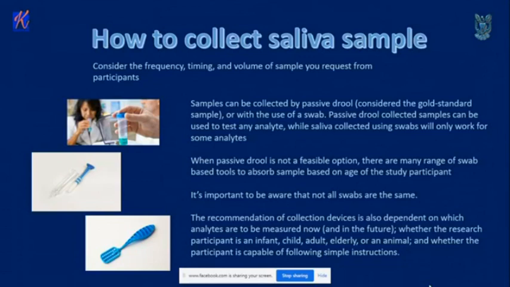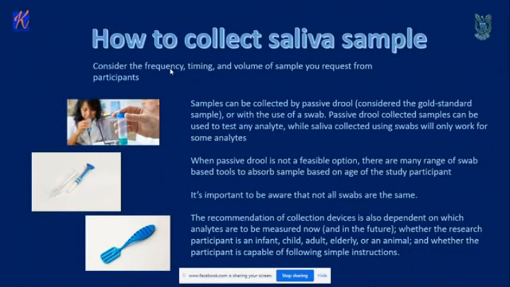Another important factor is to consider the frequency, timing, and volume of sample that you request from the participants, because the participant has to be comfortable. Plan it in a way so that they are ready to give you the sample, and it's convenient for them.